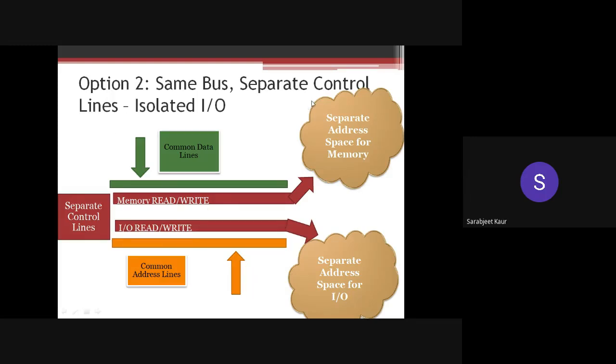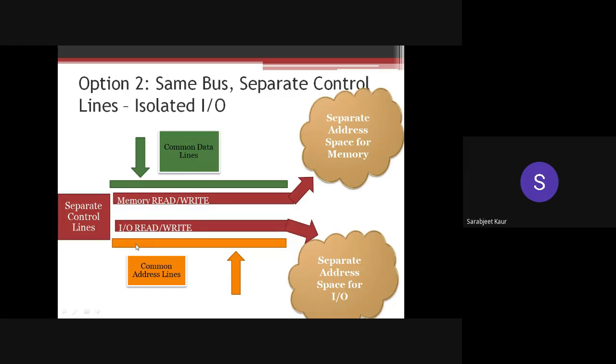We have separate control lines. Separate control lines means we have two wires, one dedicated just to indicate whether it is a memory read or a memory write, and similarly a pair of wires completely dedicated to indicate whether it is an IO read or an IO write.